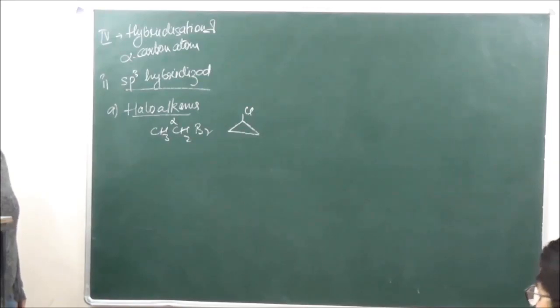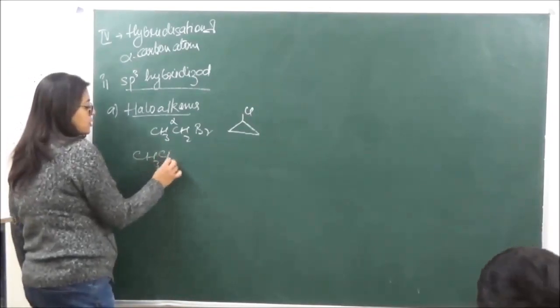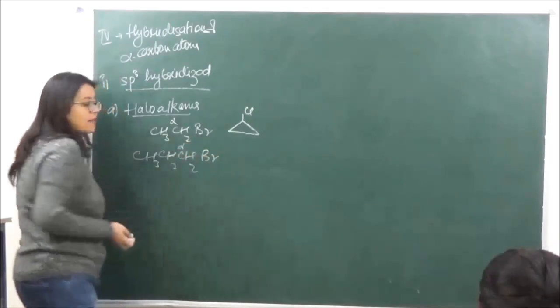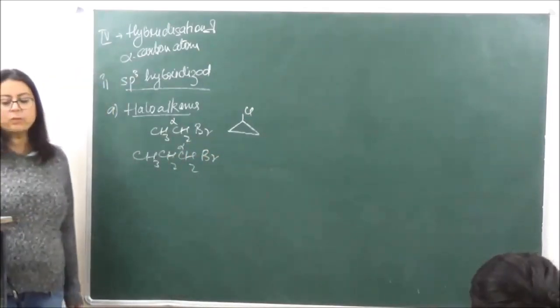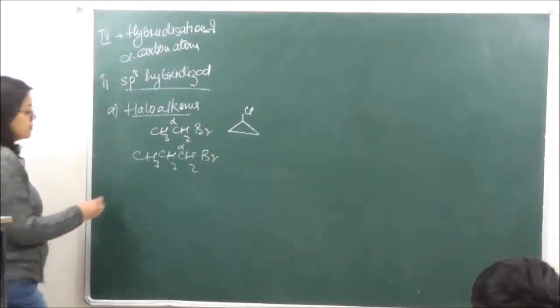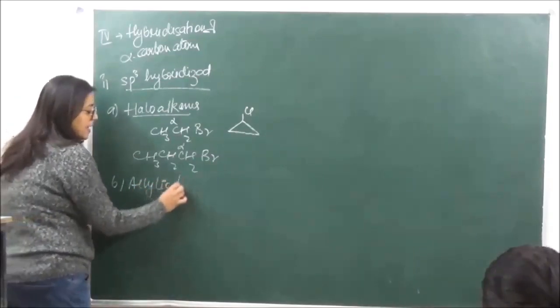So similarly, if you have another longer chain which you want to take, CH3, CH2, CH2, Br. So this is the alpha carbon atom, which is again going to be sp3 hybridized. Okay? The second one which comes in this category is the allylic halides.